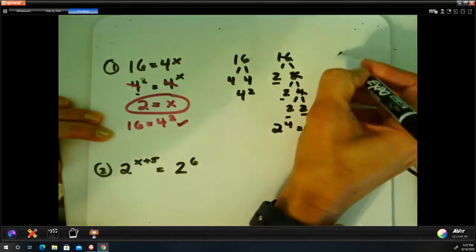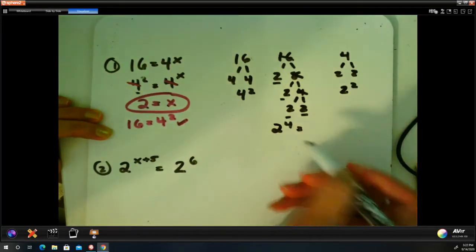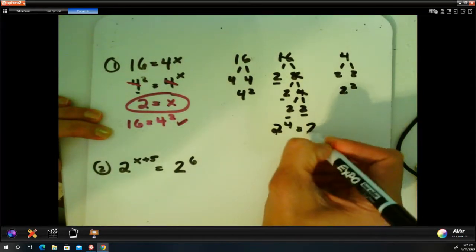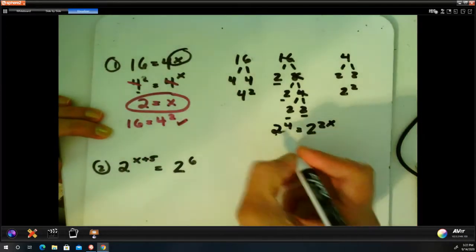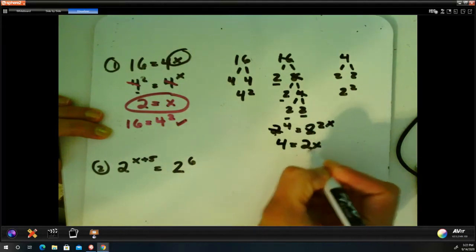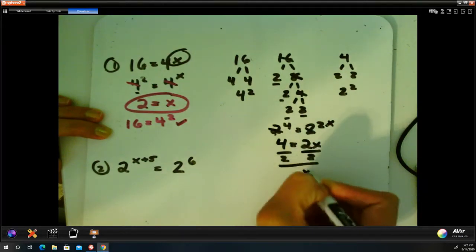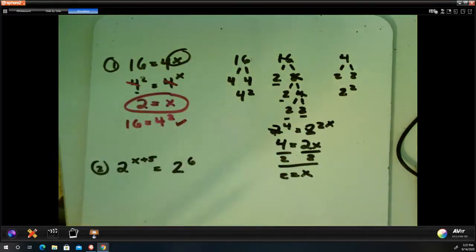And then I can take 4 and break that down to its primes too, and that's going to be 2 squared. So I'd have 2 to the 4th, equals 2 squared, and then there's that times the x that was there. Cross out your common bases, and I would get 4 equals 2x, divide by 2, and I still get that x equals 2. So 2 different options to get to that one solution.